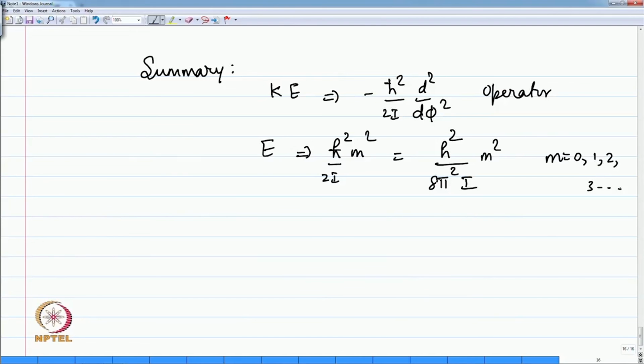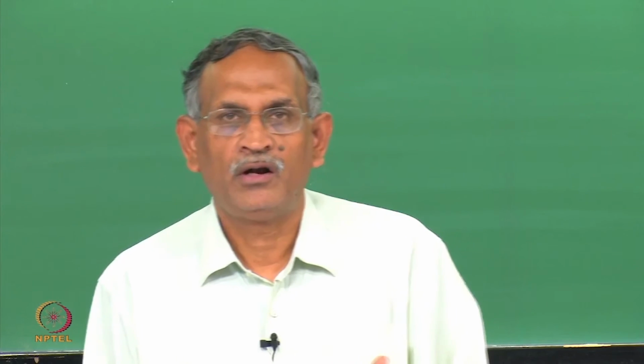M is equal to 0 is a perfectly acceptable quantum number here, because all it means is that the particle does not have a rotational kinetic energy. It stays somewhere on the circle. It does not violate the uncertainty principle, because if we say that m is 0, we say that its angular momentum is exactly 0.